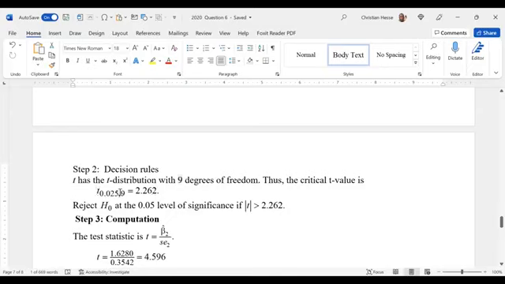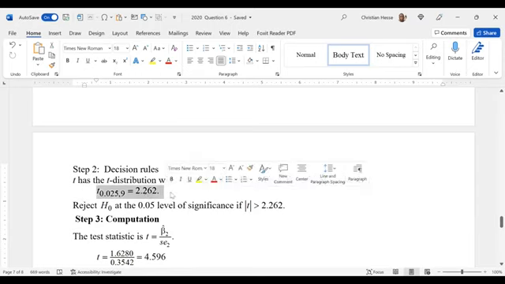So you read from the t distribution table t 0.025 with 9 degrees of freedom. And when you read from the t distribution table, that will give us 2.262. So what is the decision rule?